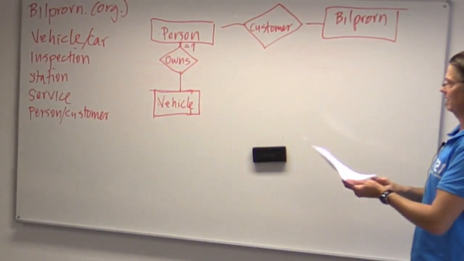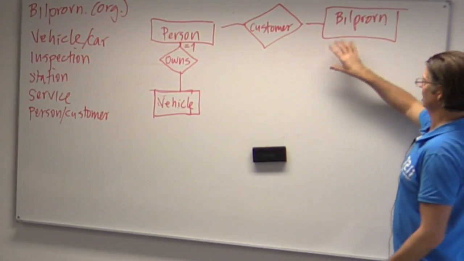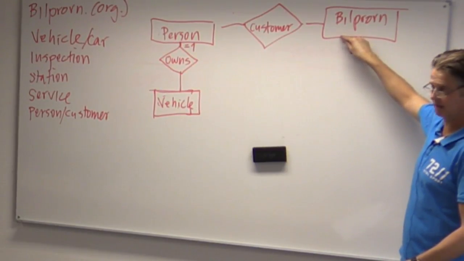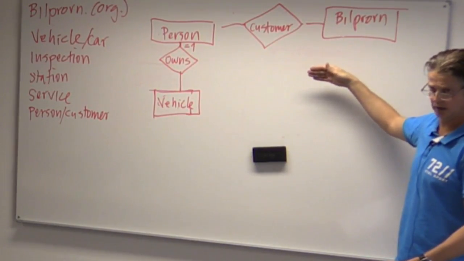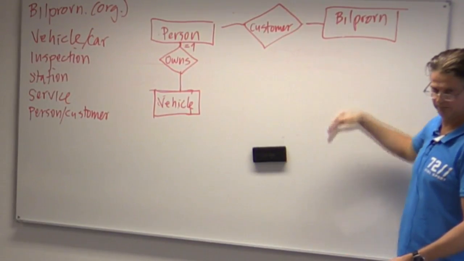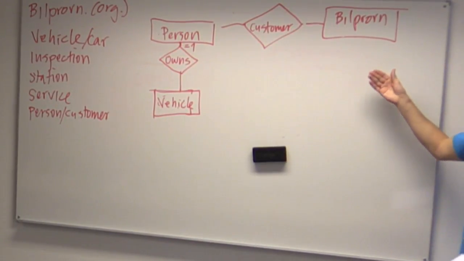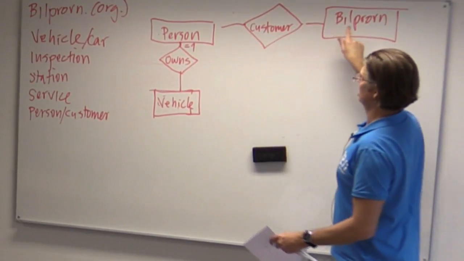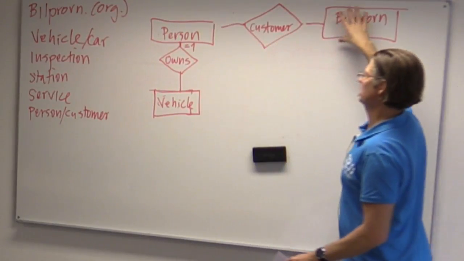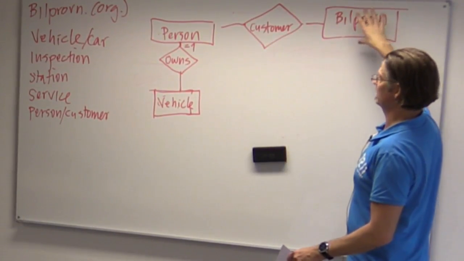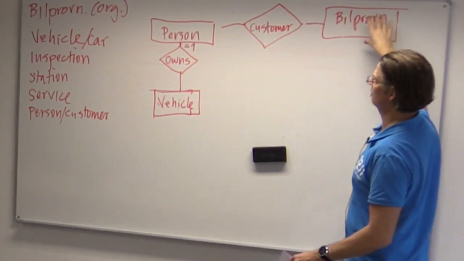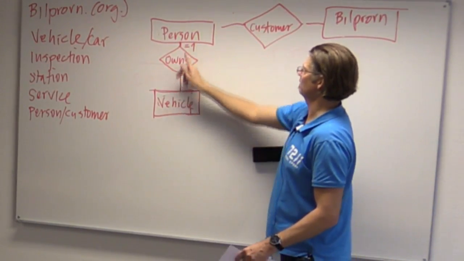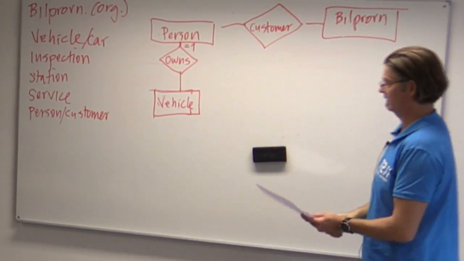So let's leave it at that, because I think that entity shouldn't be here, because we are doing our model for bilprovningen. That's why it becomes so strange here. So, okay, the person is a customer. That probably won't end up being an entity, because we're doing it for bilprovningen itself. The person owns many vehicles. A vehicle can only be owned by one person. So that's fine.